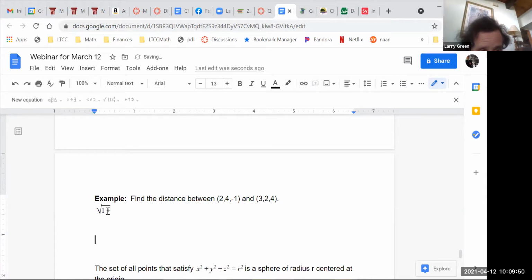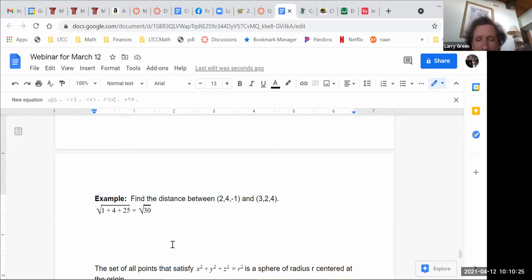Plus 4 minus negative 1, which is 5, and 5 squared is 25. That's the square root of 30, which is not some easy number, but it is what it is. So there's our distance between those 2 points. Any questions on that?